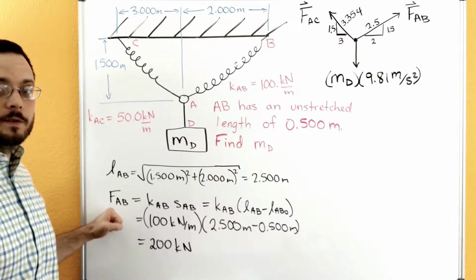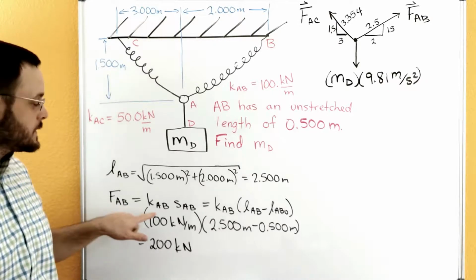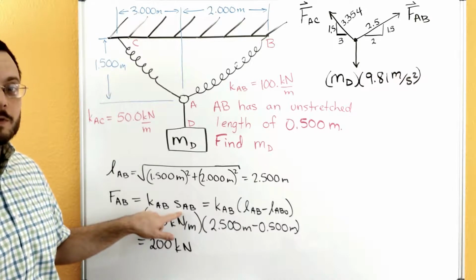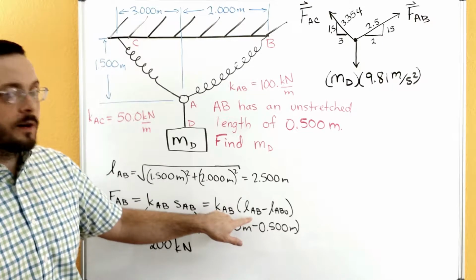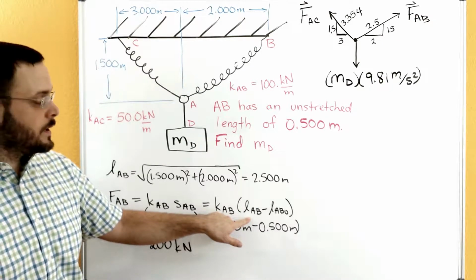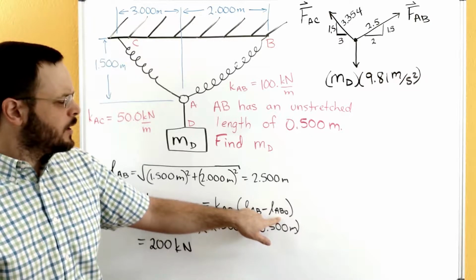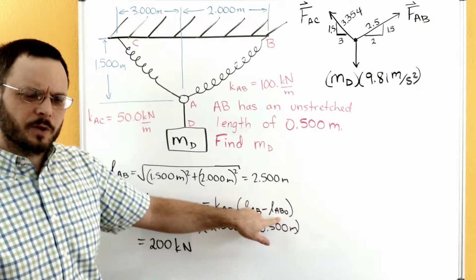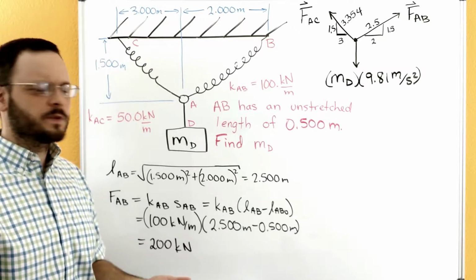And then we'll use this Hooke's law equation. So Hooke's law says that the force in the spring is equal to the spring constant times the stretch in the spring. So that's our spring constant times our current length in the spring minus our initial length in the spring. Well, what's our initial length in the spring? Well, that was the length that we had before we put any force on it.